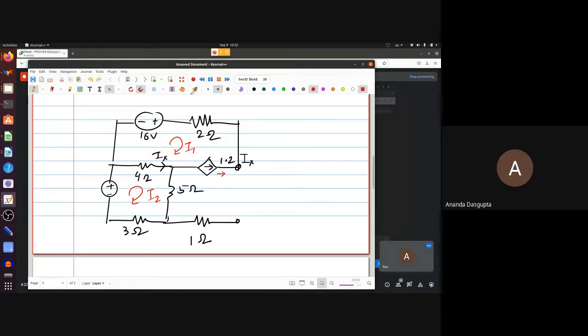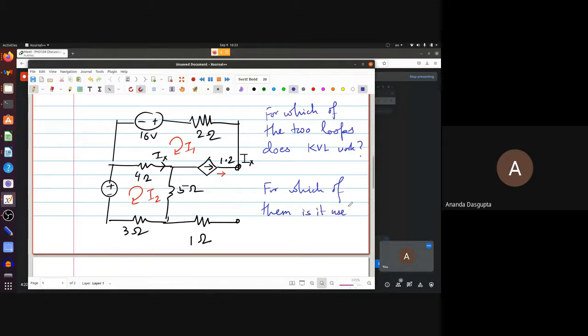Okay. There are several questions here. In fact, two different questions. For which of the two loops... The question number 1 and question number 2, of course, options are loop 1, loop 2 for both of them.